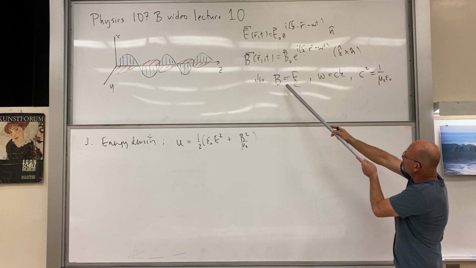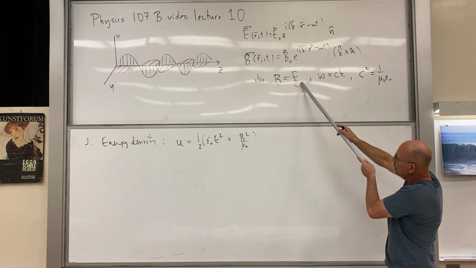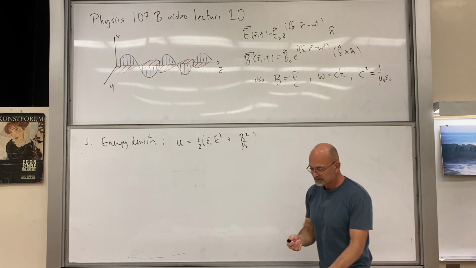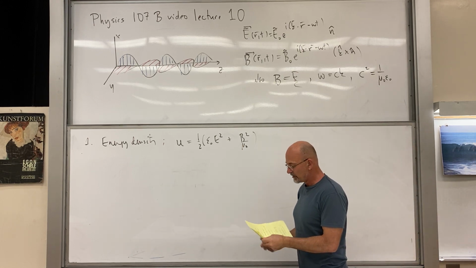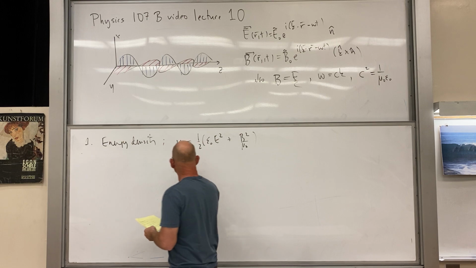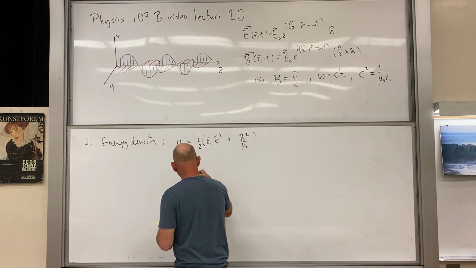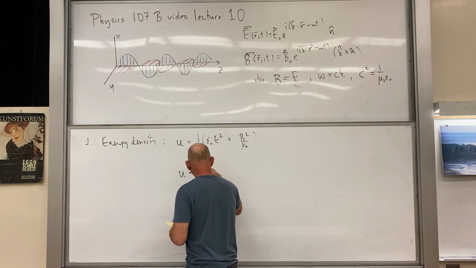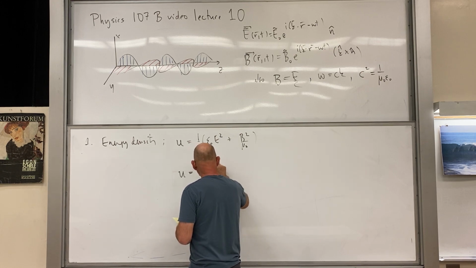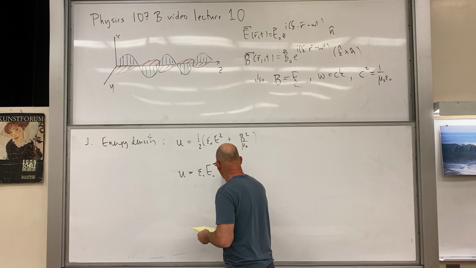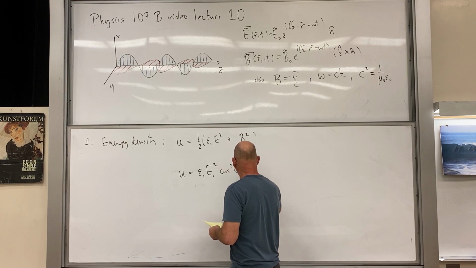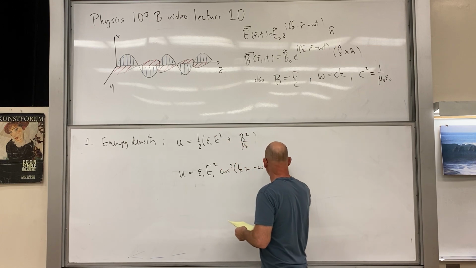We can replace the B with E in this manner. And so the form that we're going to use is U is equal to epsilon naught E naught squared cosine squared (kz minus omega t plus delta).